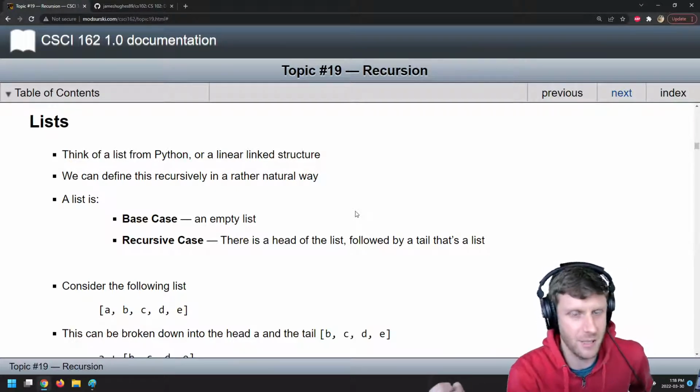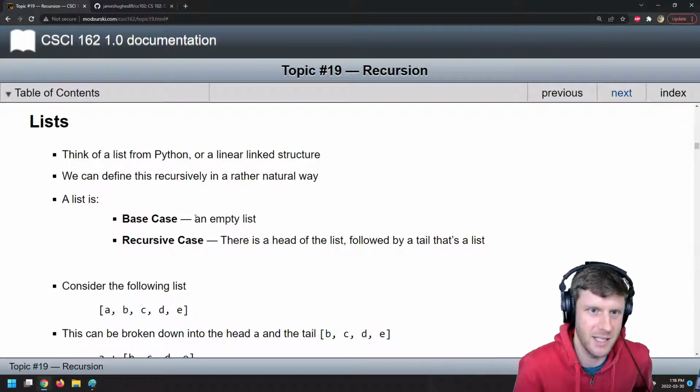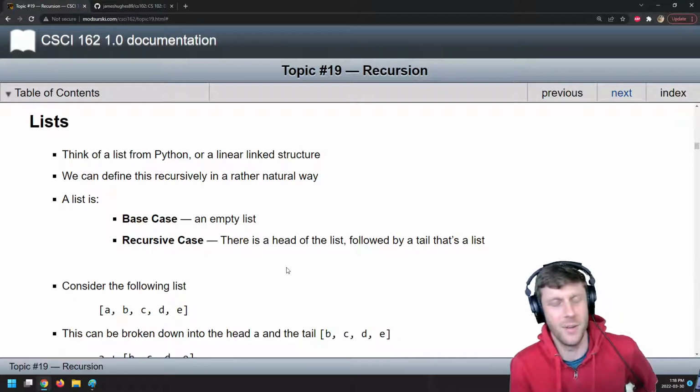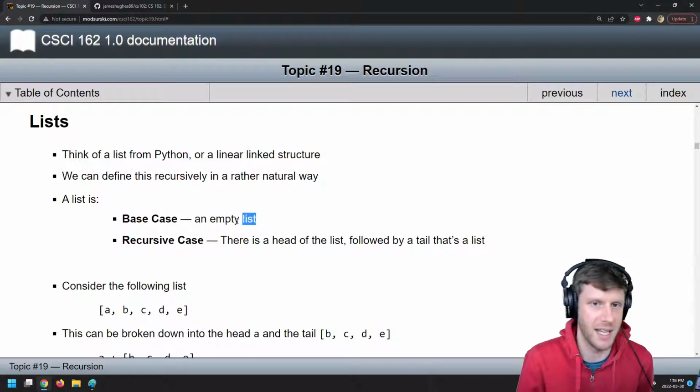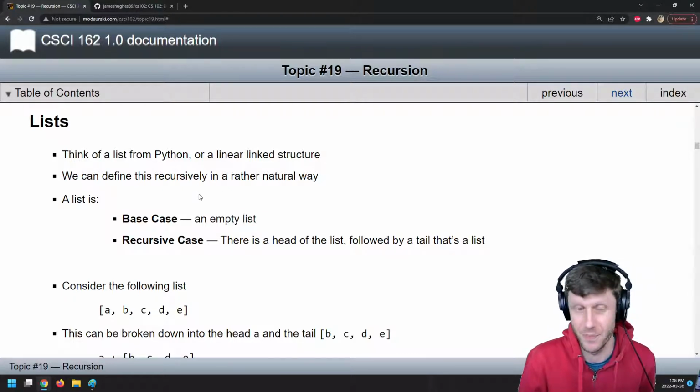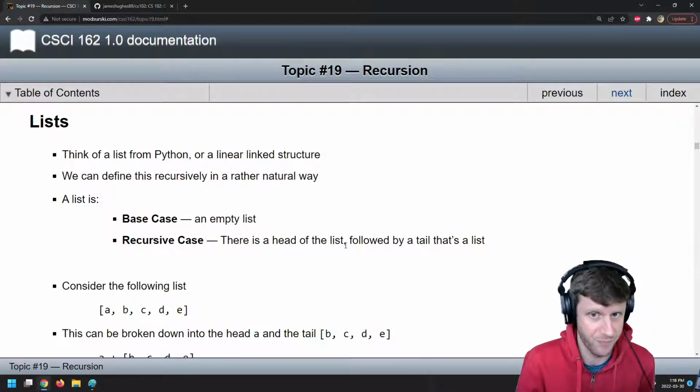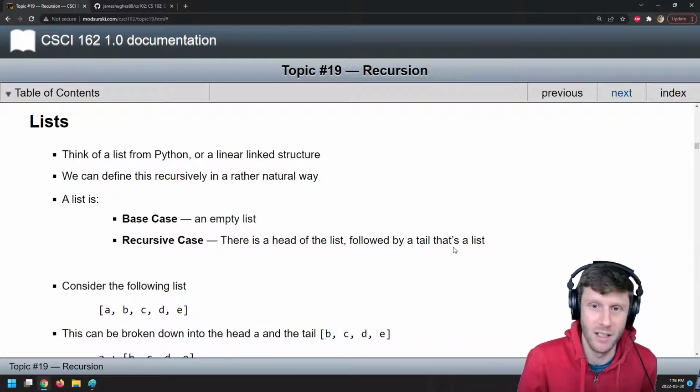The base case of a list, here's another issue, an easy PR to fix. This should be an uppercase for consistency. The base case of a list is an empty list. There's a list with nothing in it. That is the base case of the list. And the recursive case is there is a head of the list followed by a tail that's a list.